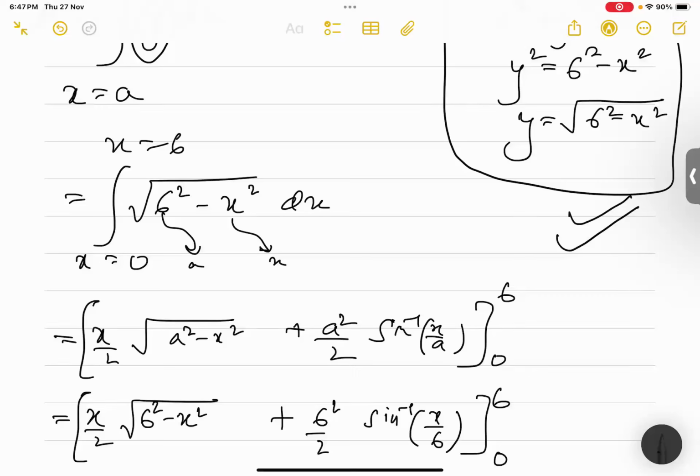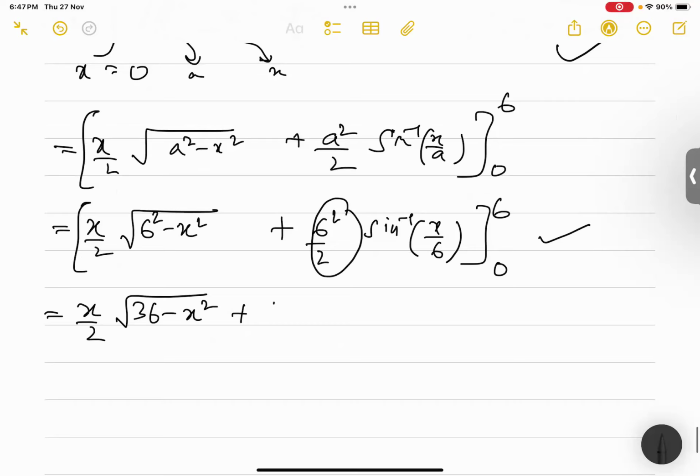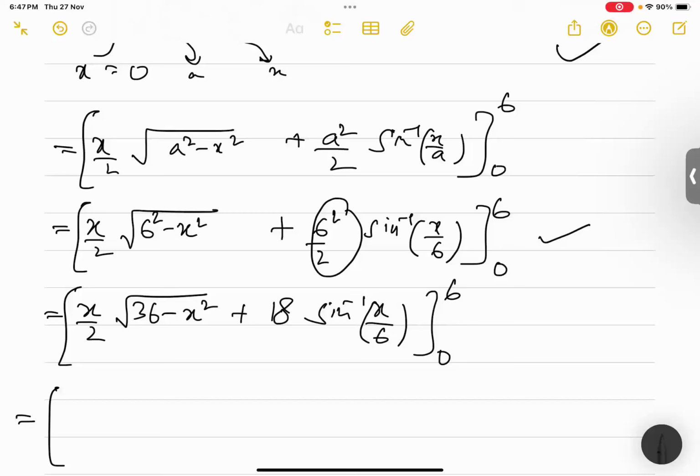Clear? So 36 by 2, 18 sine inverse x by 6, from 0 to 6, upper limit minus lower limit.